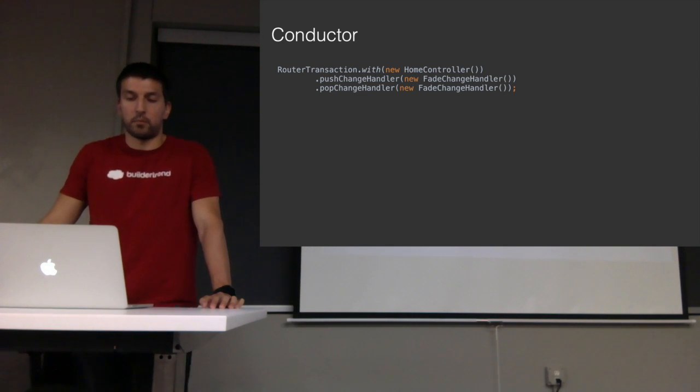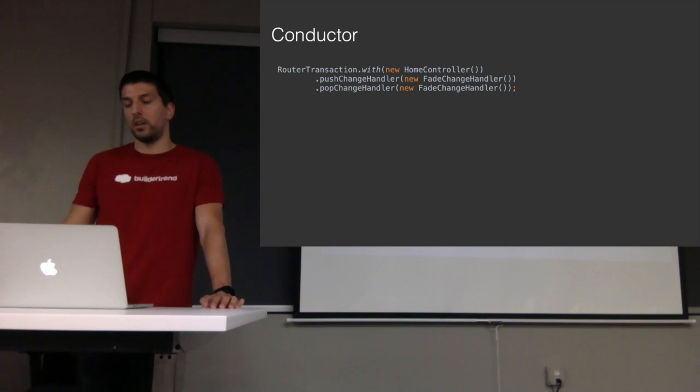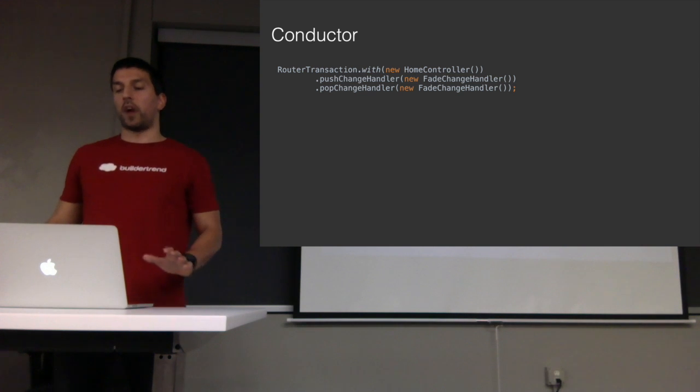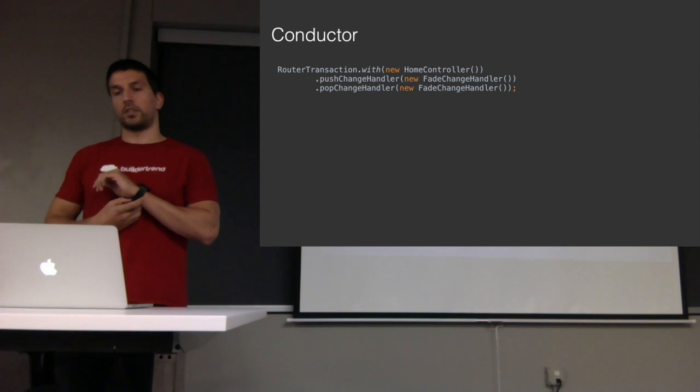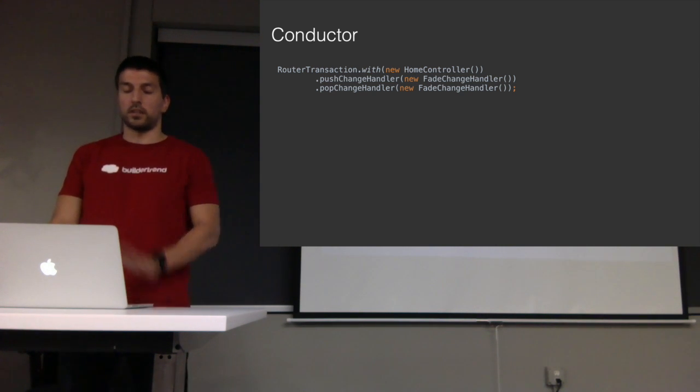You would just say basically router push, and then this would be the argument you pass in. You tell it which controller you're pushing. You say which transition you want for pushing and which transition you want when that controller is popped. And that is all persisted. If your app is killed in the background, even your transitions are saved. Everything is rebuilt from a bundle, which is nice, and that part of it's taken care of for you.